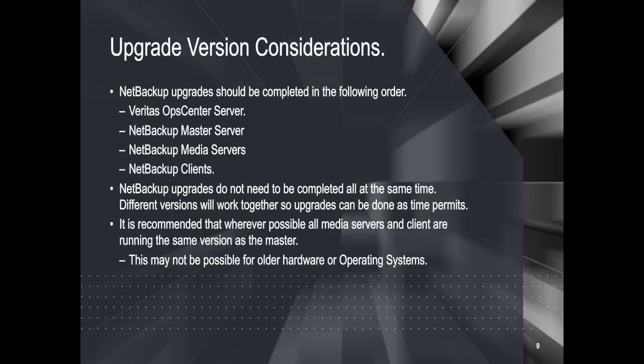So it's always a good practice to get to the latest version and have all your versions be the same across the board. There are some situations where that's not possible, whether it's operating systems that are not supported by the client, let's say, and you're running a slightly older client still within support, and that is fully supported with the caveat that you'll not be able to leverage some of the enhanced features of the latest.